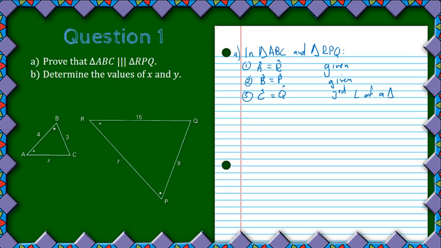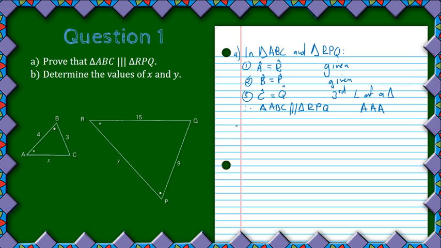Alright, that's our 3 reasons. So then we can say therefore triangle ABC, in the right order, is similar to triangle RPQ. And our reason is angle, angle, angle.